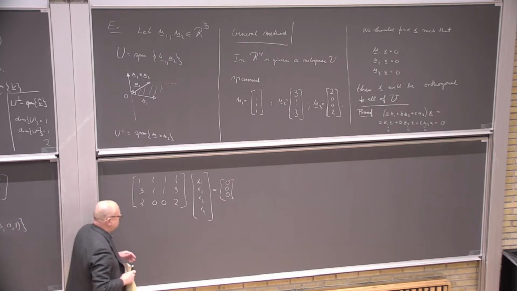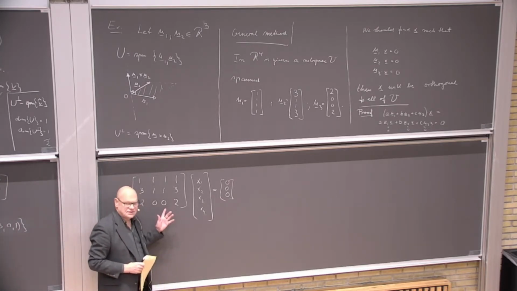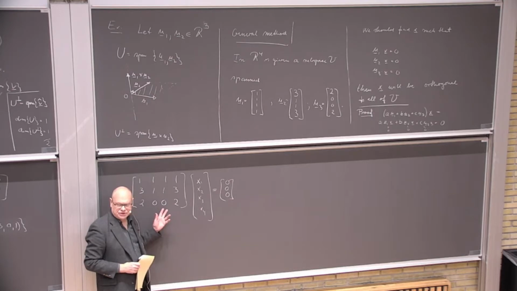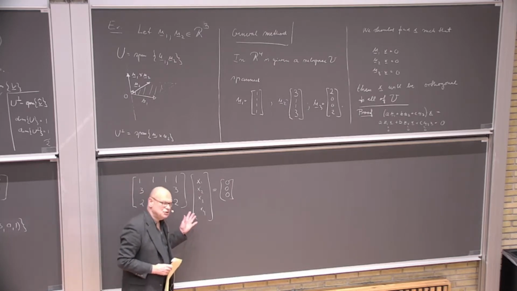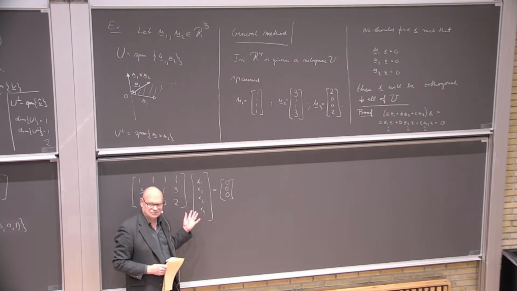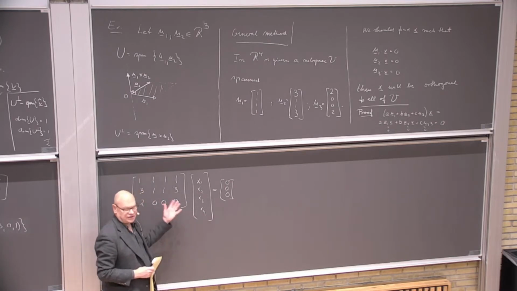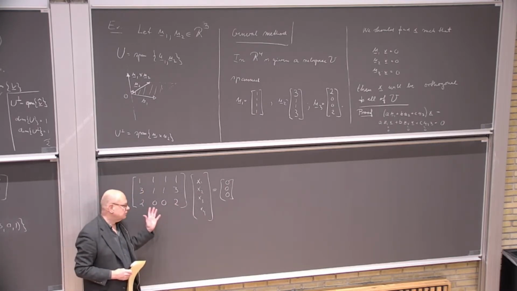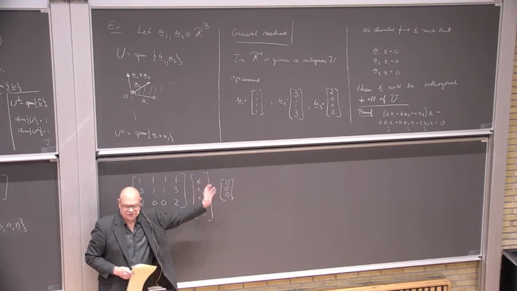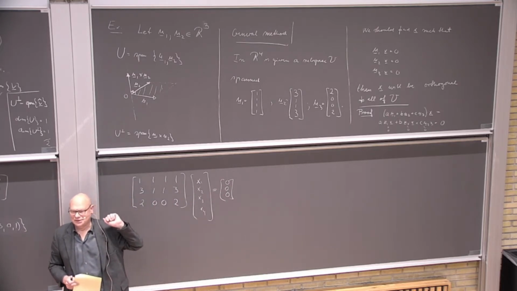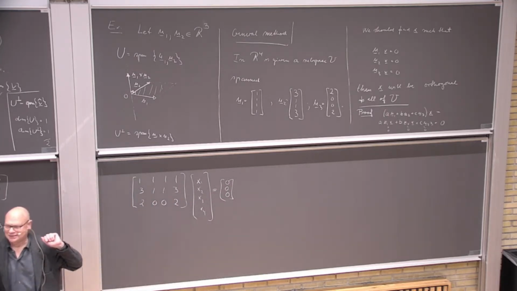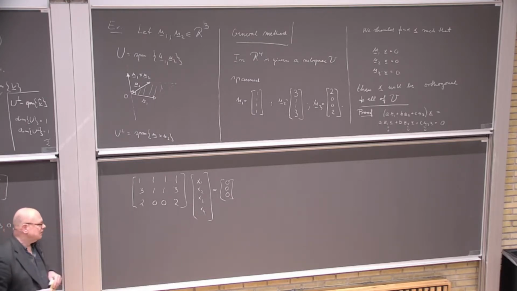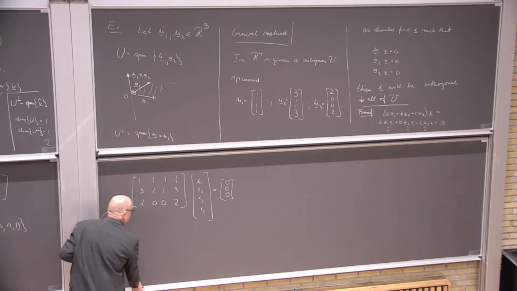Now, this is a system of 3 homogeneous equations, and what is the solution to such a system? Well, you can consider it a matrix mapping. You're mapping x into 0, and then you know immediately what that is. It's a kernel of that mapping.